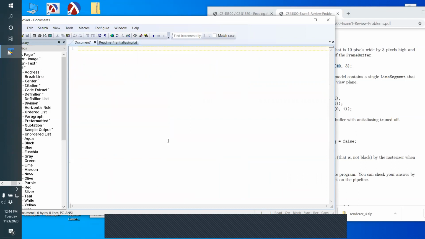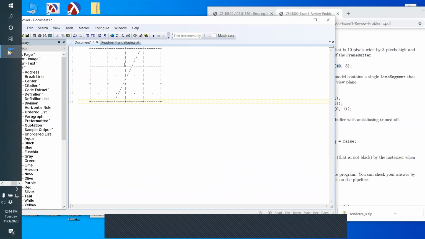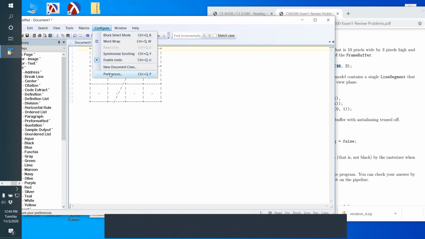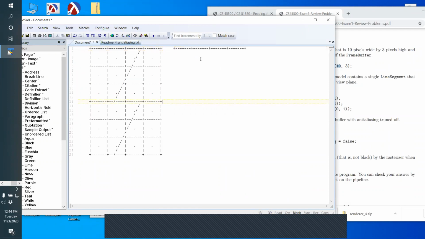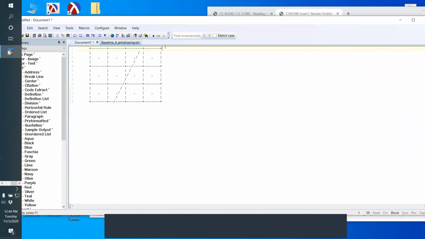I was going to try and draw a picture of that frame buffer.